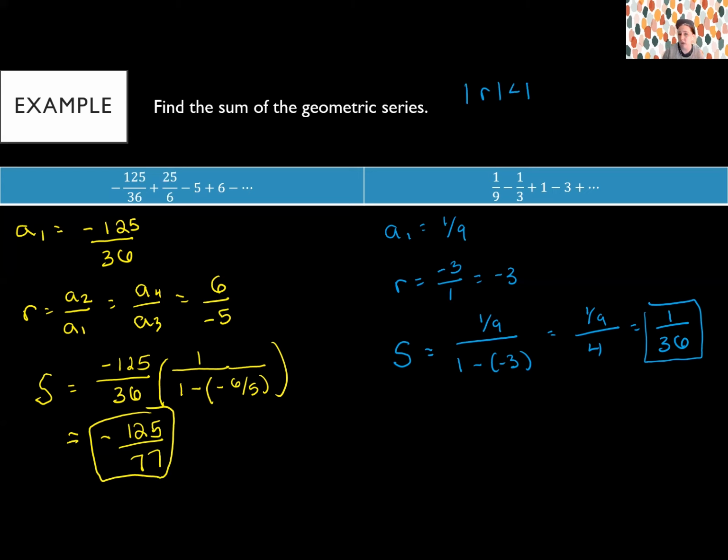So you can use the formula and get answers, but there isn't actually a sum. These numbers aren't actually the sum. They're kind of meaningless because the absolute value of R is greater than 1.